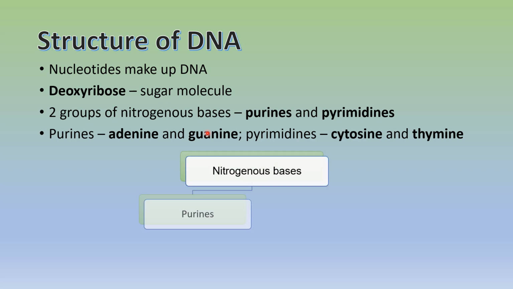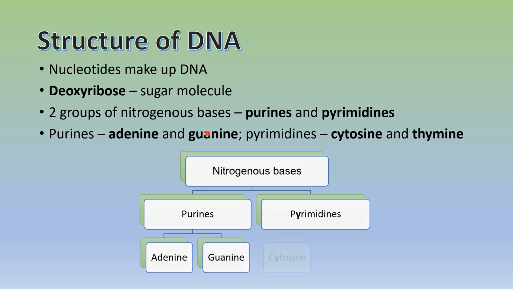Now, the nitrogenous bases are divided into two groups, the purines and the pyrimidines. So here where we have nitrogenous bases, it's divided into purines and it's divided into pyrimidines. There are four types of nitrogenous bases.